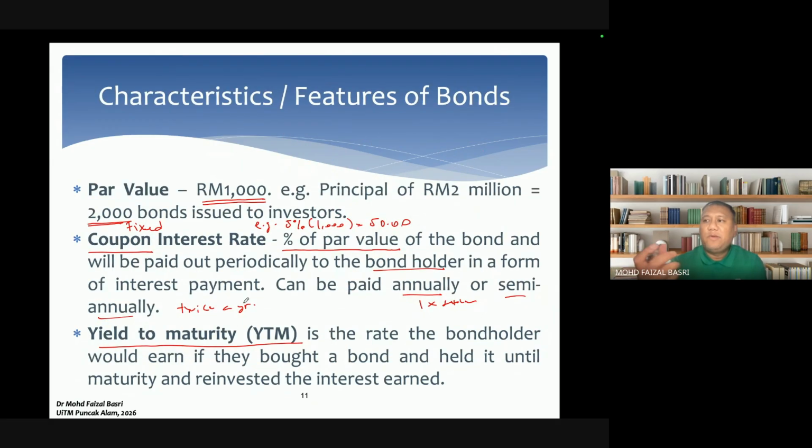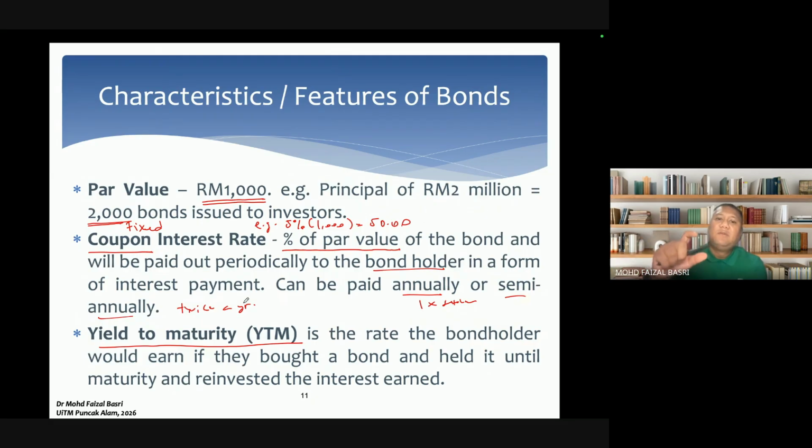Okay, rate where the bondholders akan receive ataupun earn from the day they bought the bond until the day the bond mature ataupun expire. But as I said, setiap satu side of the story tu dia akan reflect to the other party.